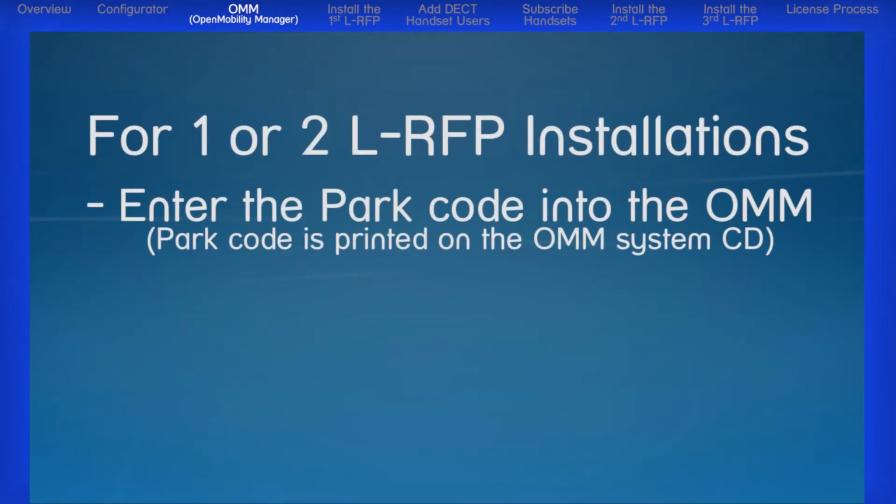For systems having 1 or 2 L-RFPs installed, you would only need to use the part code printed on the OMM system CD and enter the part code into the OMM to activate the built-in license features for up to 2 RFPs.